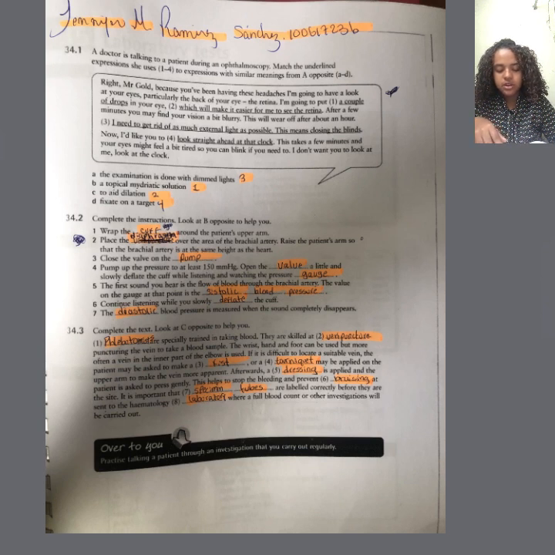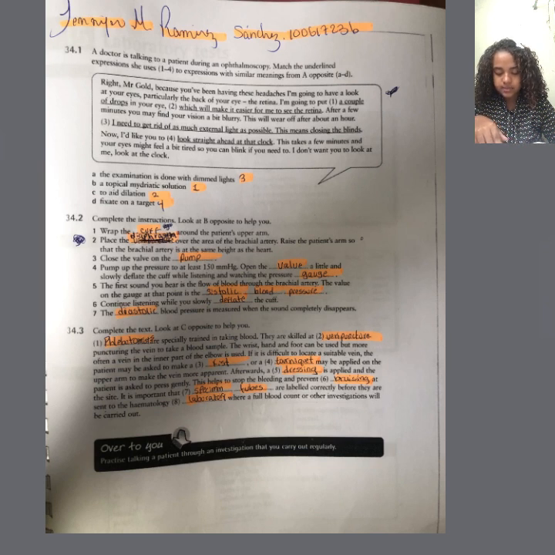If you have difficulty locating a vein, the patient may be asked to make a fist, or a tourniquet might be applied to the upper arm to make a vein more apparent.